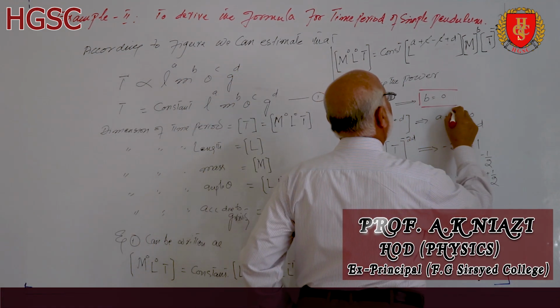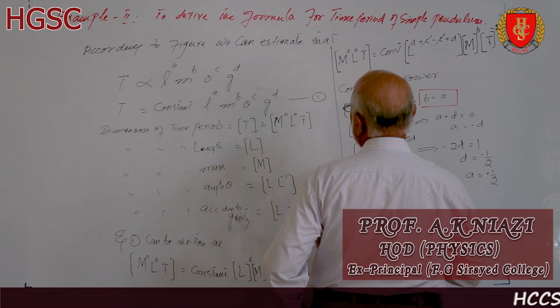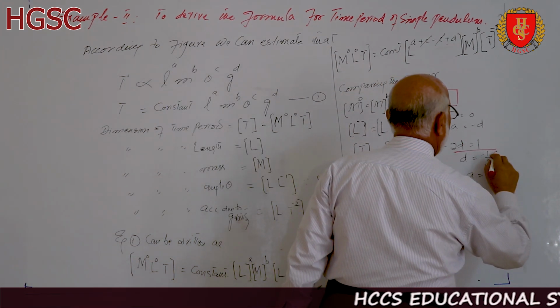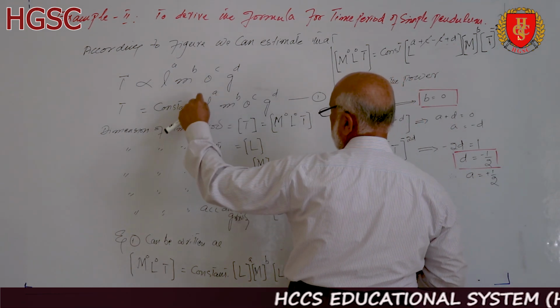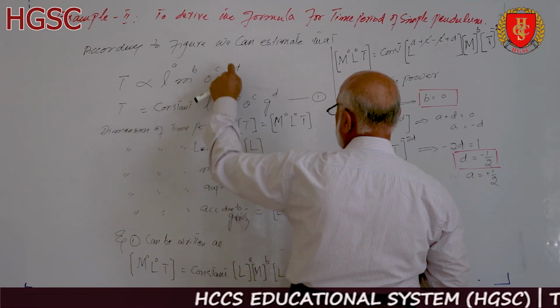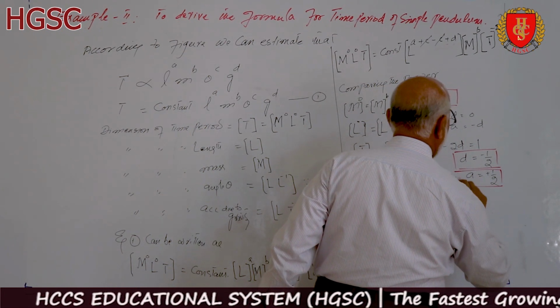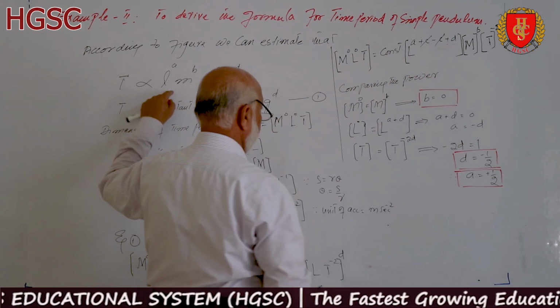B is 0 for the mass, and d is equal to minus 1 by 2 power of g, and a is equal to plus 1 by 2 is for the length.